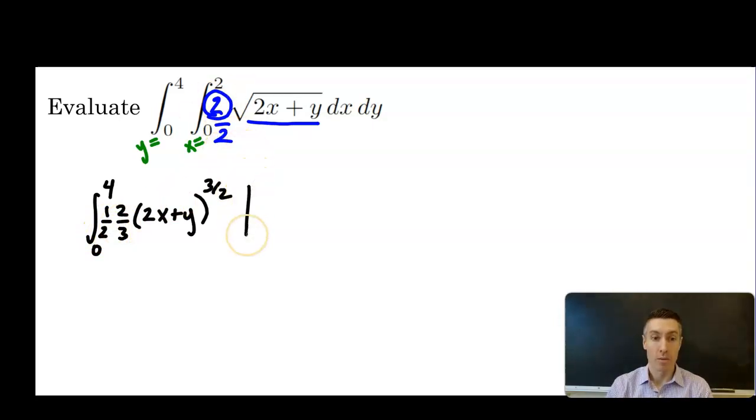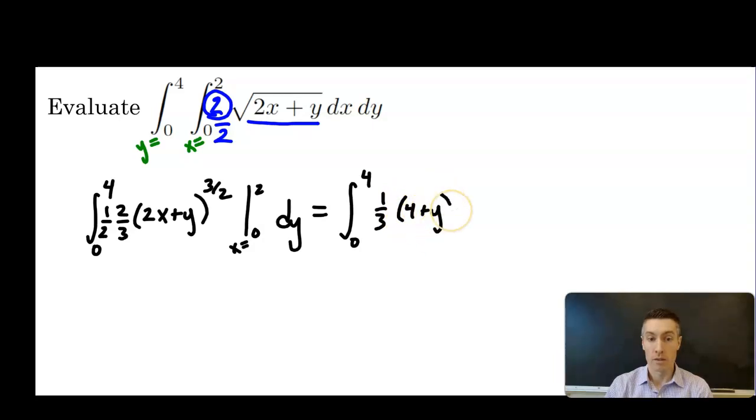And we're going to evaluate from 0 to 2, and those are x values again, and then integrate with respect to y after we've evaluated. So integral from 0 to 4, so we have 1 over 3, 4 plus y to the 3/2 minus 1/3 y to the 3/2 dy.